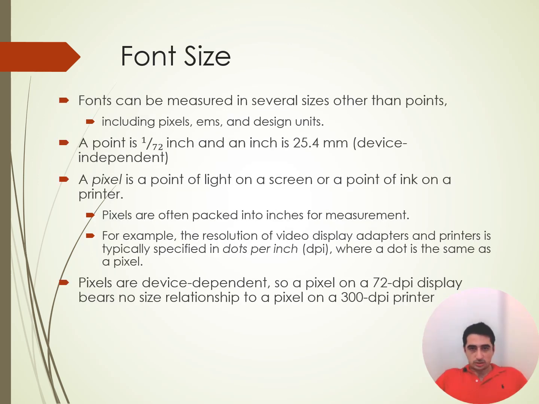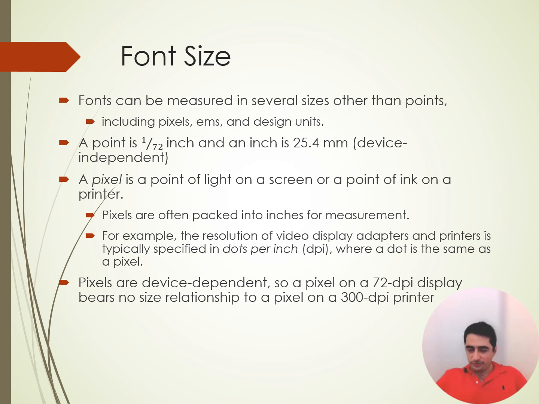A font can be measured in several sizes other than points. You can measure the font size using pixels as the measurement unit, or EMs, or other design units. A single point is 1/72 inch, and 1 inch is 25.4 millimeters.